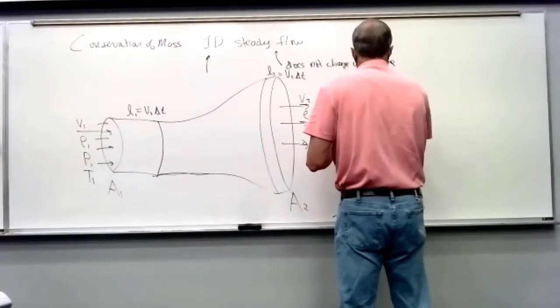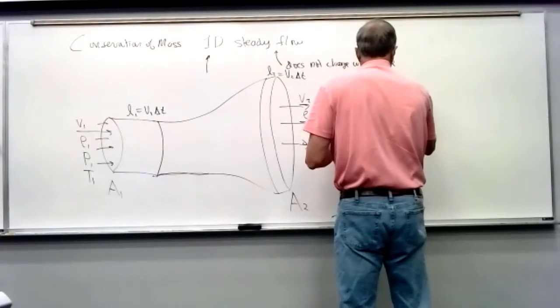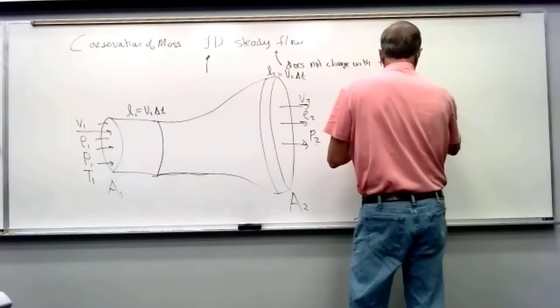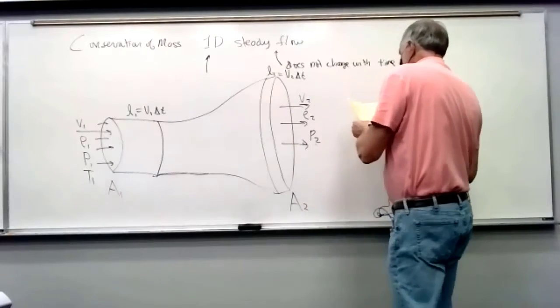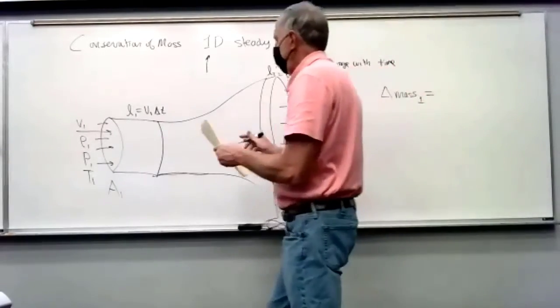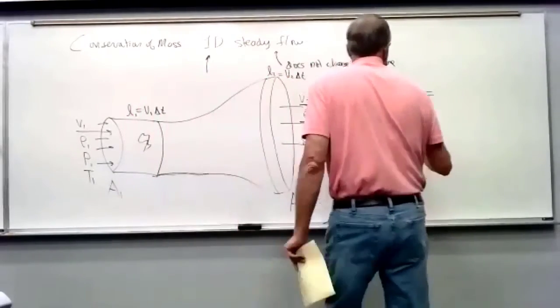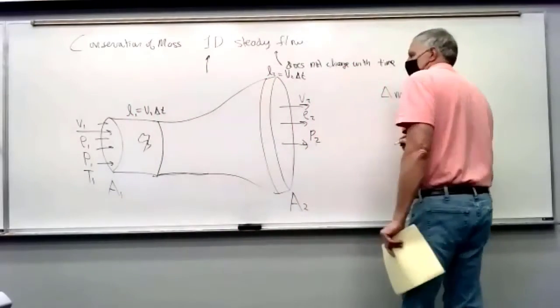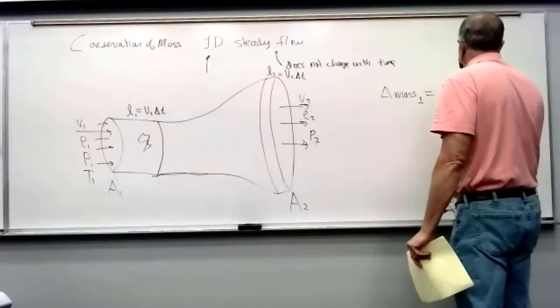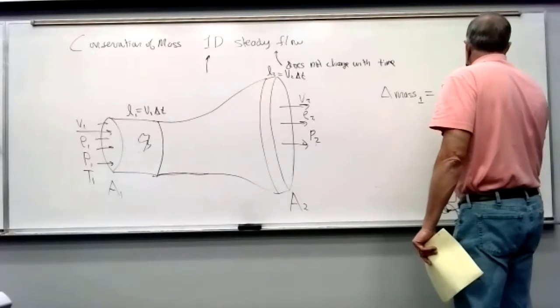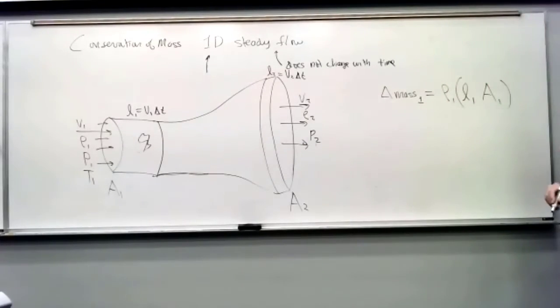So the mass going in, inside this thing here, we're going to calculate the mass in here, is going to be the density times the volume, which is the length times the area.